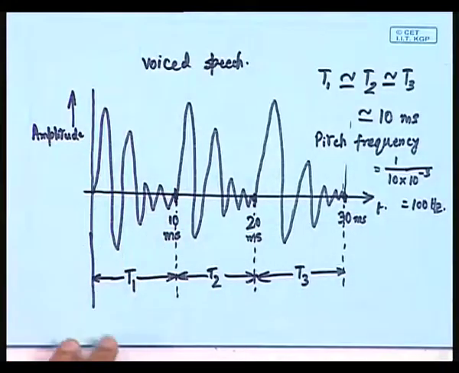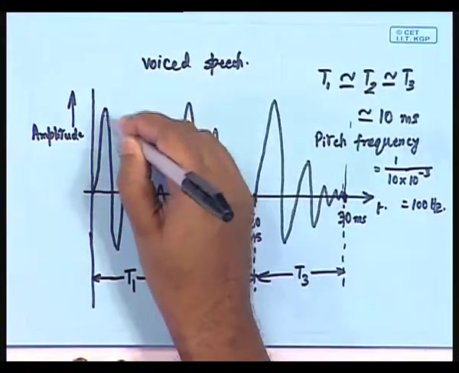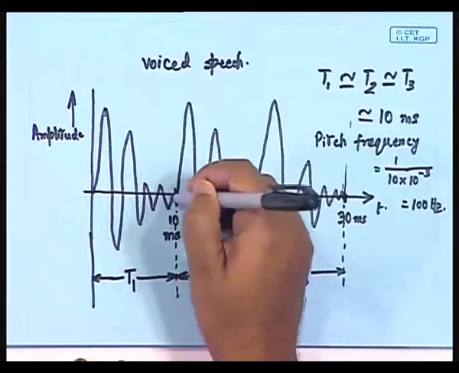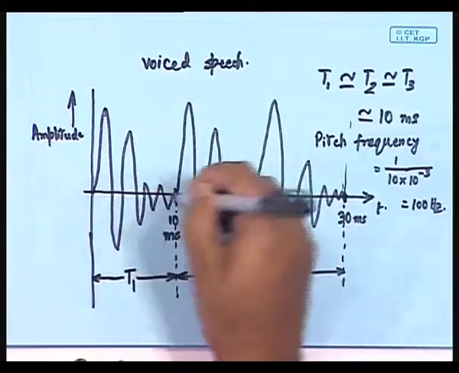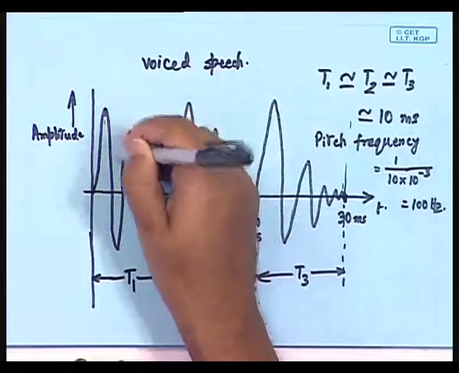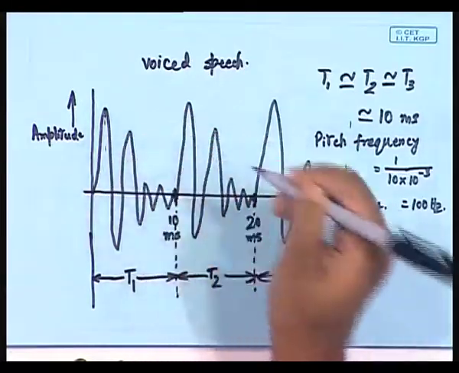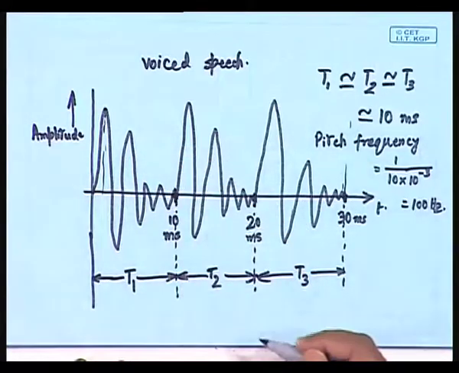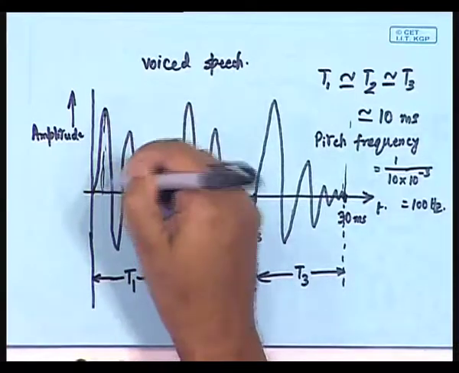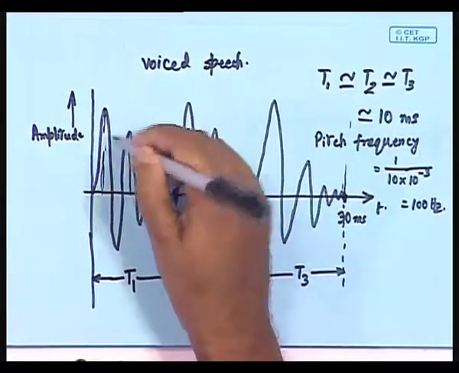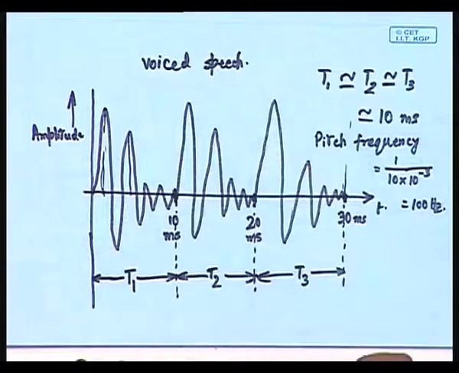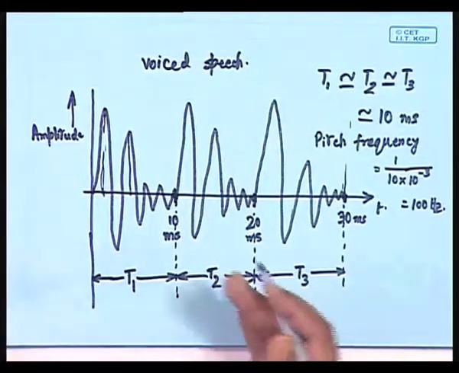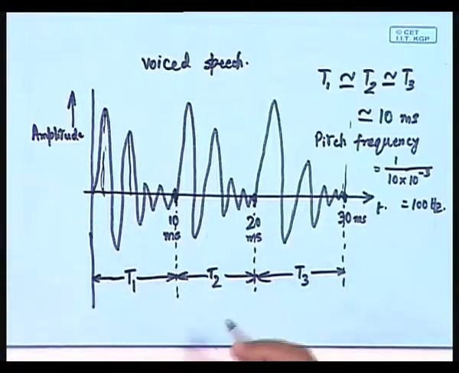Now, these things which are appearing, like you may be observing that within this you have got 5 different peaks. If they are occurring almost at regular intervals, then what does it mean? If you are considering from this distance to this distance in the time scale, you can say that this is 1/5 of the time period T1.